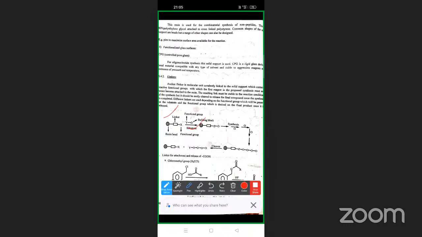After attachment of the substrate molecule, the required building blocks react with this intermediate compound. Finally, after completion of the reaction, you can stop the reaction by cleaving the linkage with the resin bead here.